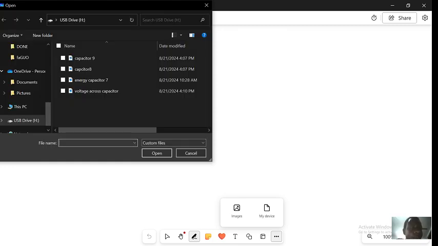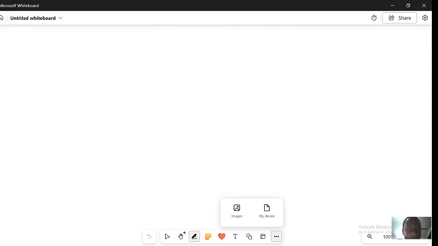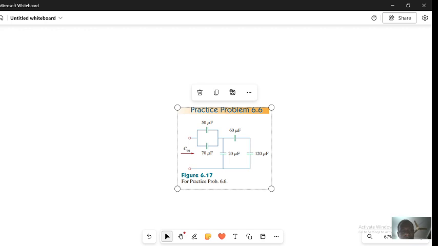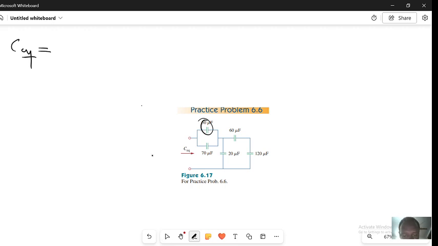In this example, we want to find the C equivalent. If we look at this 50 and this 70, they are what? They are in parallel. So let me call it C prime. C prime is the equivalent of this.